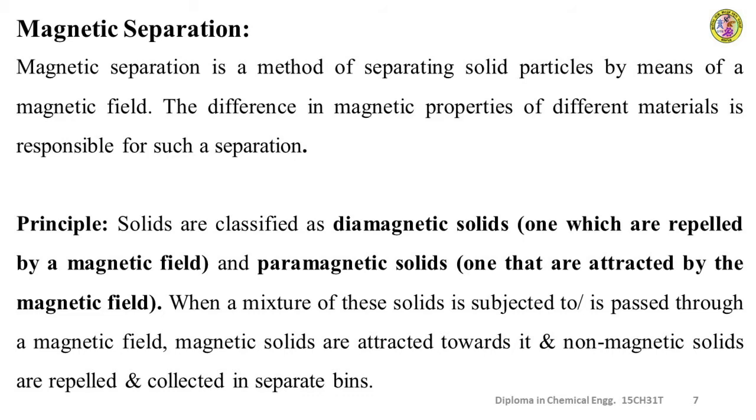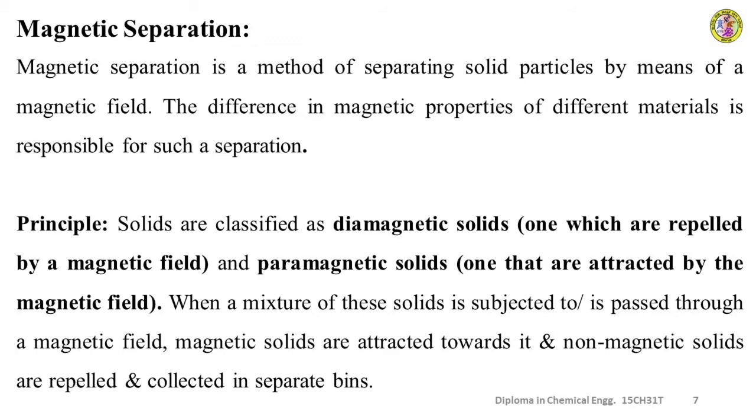The particles which are not attracted by the magnetic field are called diamagnetic solids. So if you can classify the given mixture as containing two kinds of particles, where one is paramagnetic and one is diamagnetic in nature, then you can separate the mixture according to this classification by passing the mixture through a magnetic field.